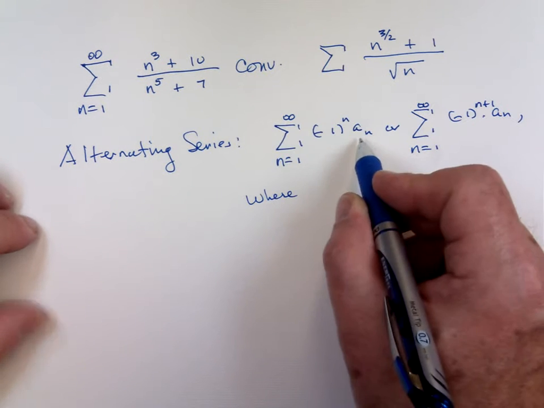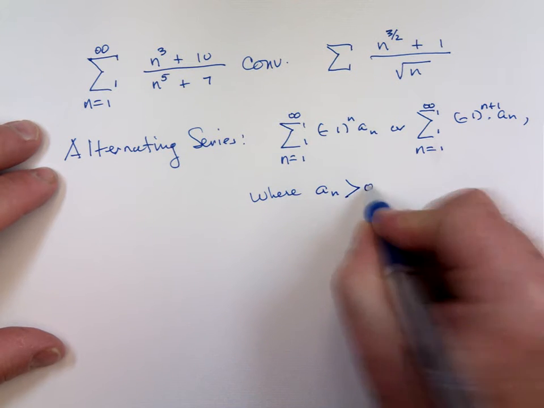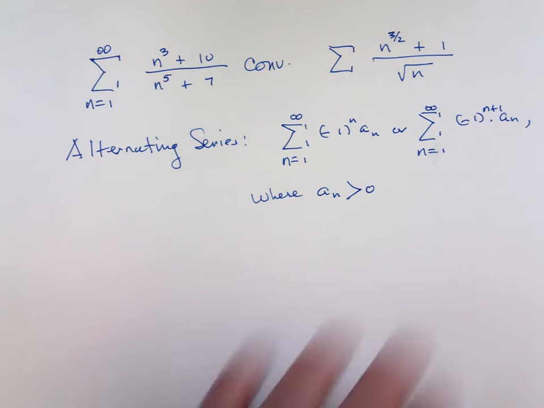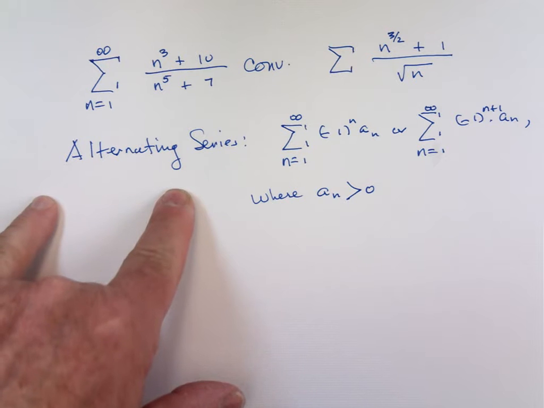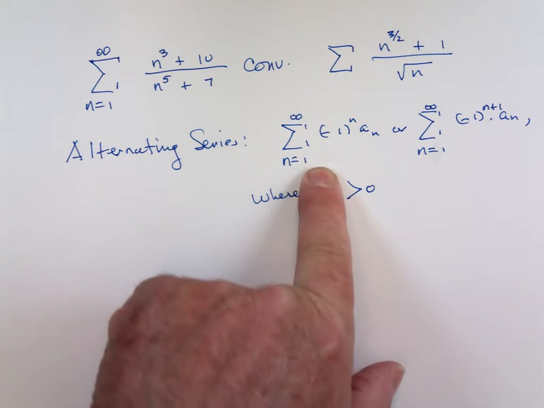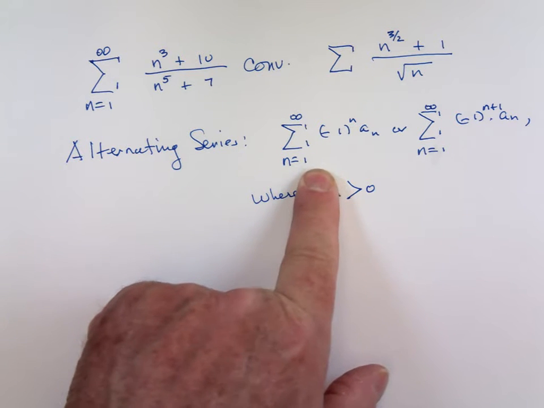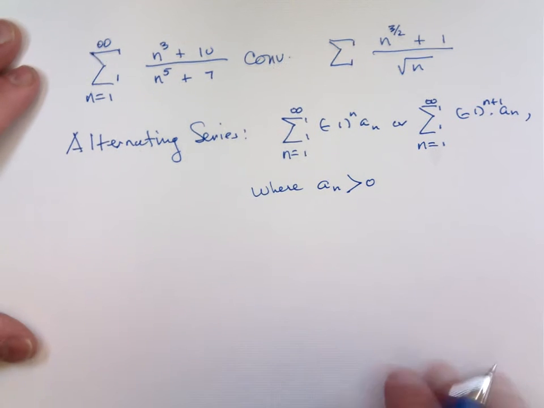These a sub n's are positive. So what gives it the alternating is the negative 1 in front. We'll go negative 1, positive 1, negative 1, positive 1, or it'll go positive 1, negative 1, positive 1, negative 1.